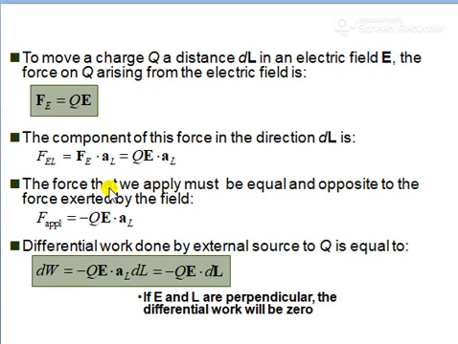Now the force that we apply must be equal and opposite to the force exerted by the field. So the force applied is equal to minus QE dot aL, because it should be opposite and equal. The differential work done by the external source to Q is dW equals minus QE dot aL dl, that is, minus QE dot dl.